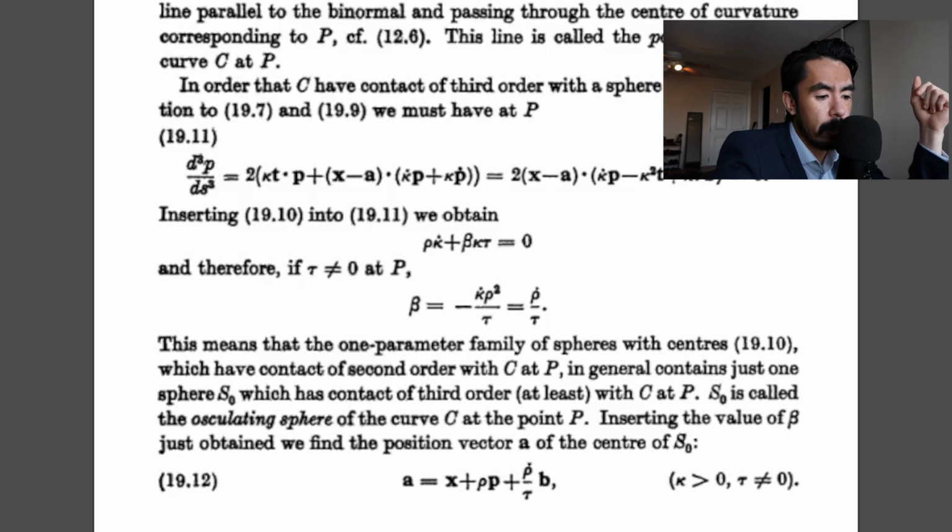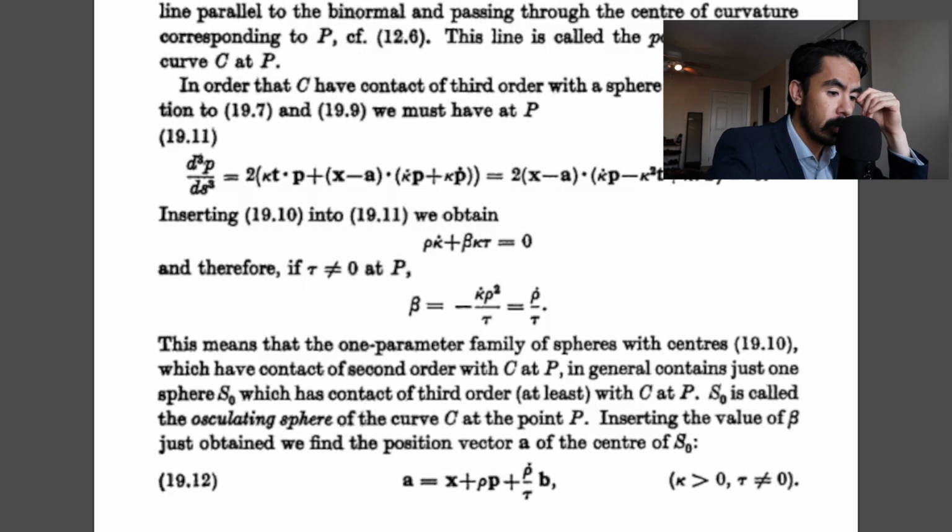This means that the one-parameter family of spheres with centers given by this vector A that we had previously calculated, which have contact of second order with C, the curve, at the point P, in general contains just one sphere, S naught, capital S naught.